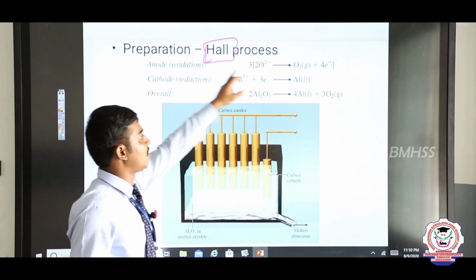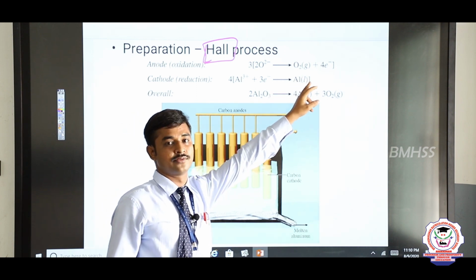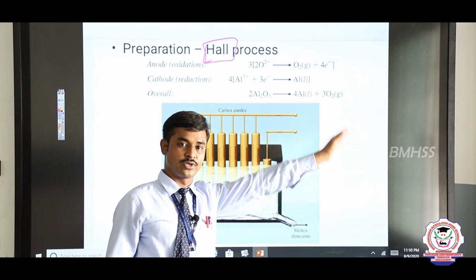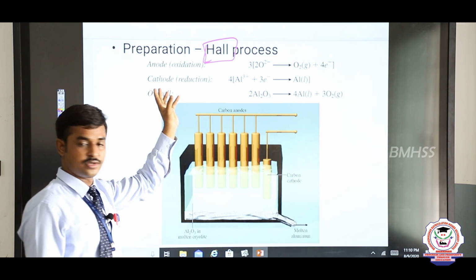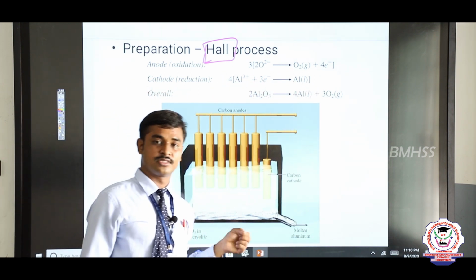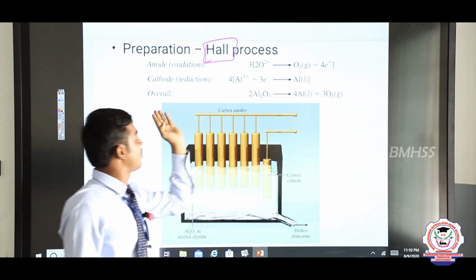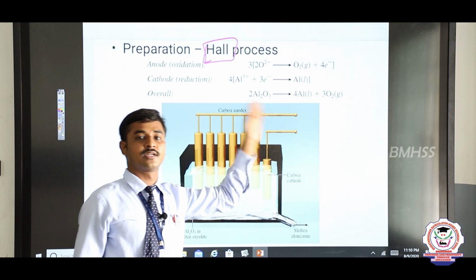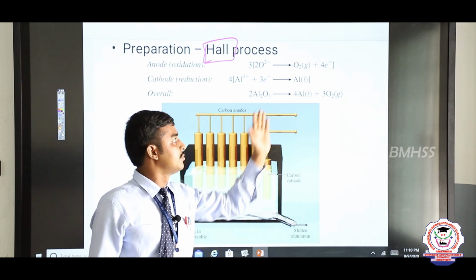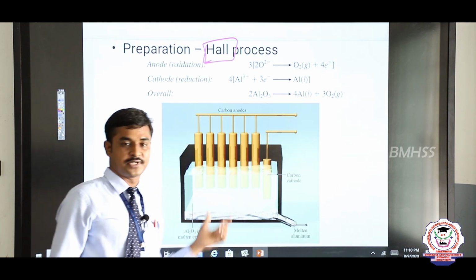In the anode, the oxide loses electrons and forms an oxygen molecule. So, the oxygen is removed alone, and in the cathode the aluminum alone is collected; aluminum accepts the electrons from the oxygen and turns into aluminum metal. So, the overall reaction is aluminum oxide, the metal oxide, getting reduced and removing the oxygen, and finally aluminum is obtained.